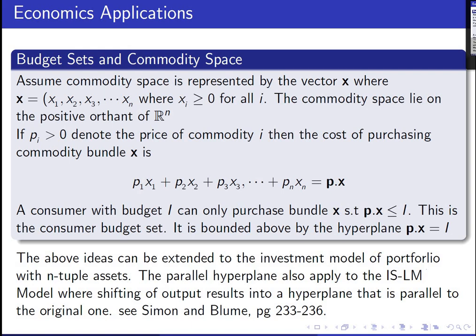Obviously, when you shift a model, it means that you're just going above the initial line, which will just be a line that is parallel to the initial one. For more details on these applications, you can see Simon and Blume, page 233 to page 236.